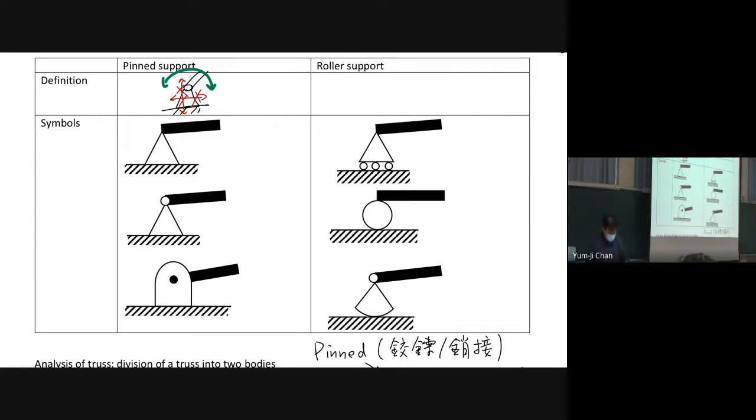For roller supports, we can rotate, we can go left and right, and we cannot go up and down. These are the 2 most commonly used support conditions in mechanics.